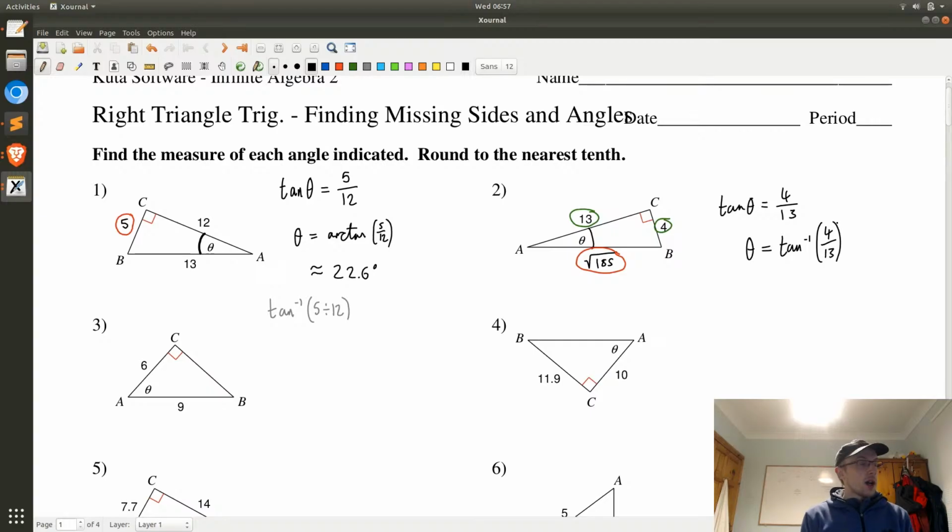So arctangent of 4/13, shift tan, 4 divided by 13. We get 17.1 degrees, which looks right.